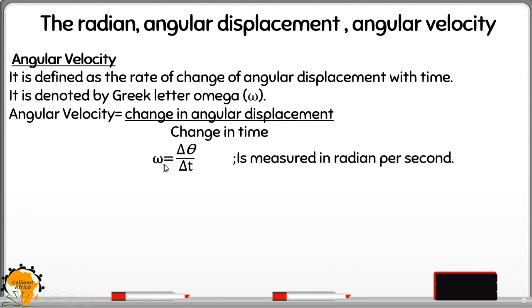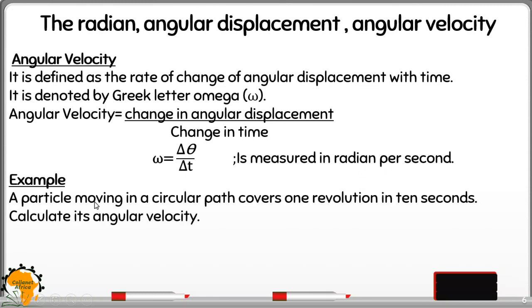Therefore, omega is equal to change in theta, which is our angular displacement, over change in time. Theta is given in radians, and time is given in seconds. Therefore, the SI unit of angular velocity, omega, is radian per second.